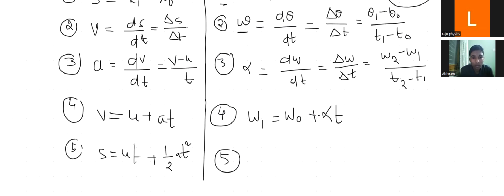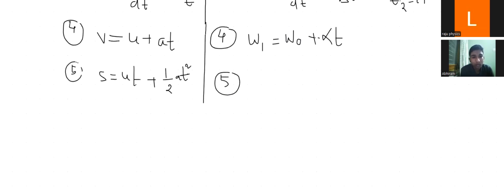So theta equals omega naught into t, plus half into alpha t square, since the time is the same for both.